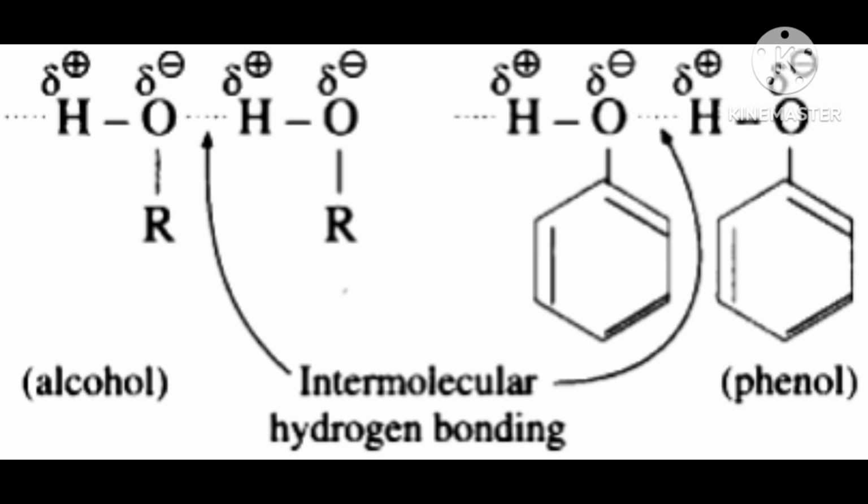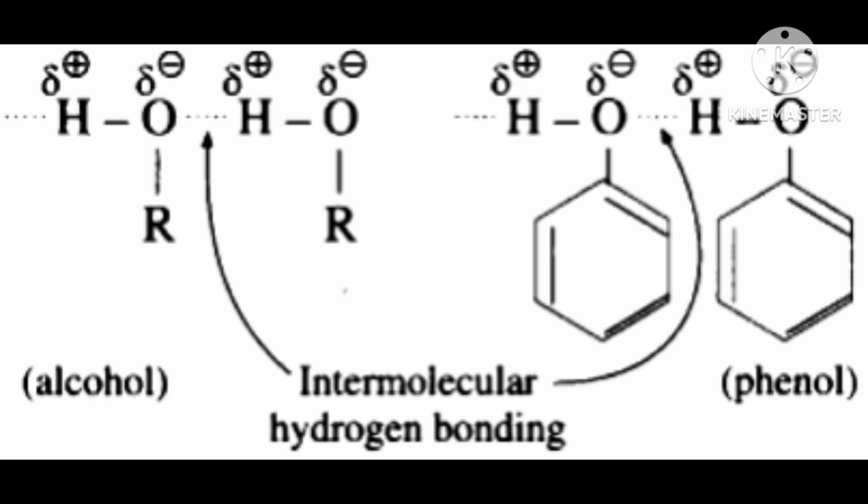Like that, second and third: oxygen of the second alcohol and hydrogen of the third molecule of alcohol will join again. Like that third, fourth, fifth and sixth, all can join to each other. Then it will take more temperature to break the bonds if you boil it.